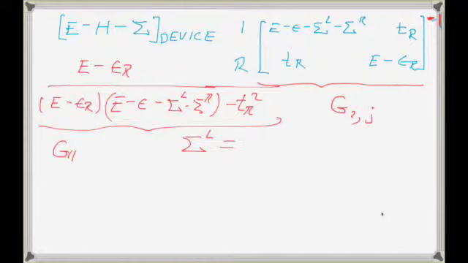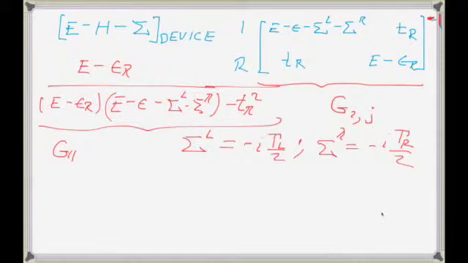And then in B, use the wideband approximation. Determine the zeros and poles. So in the wideband approximation, sigma L is just negative i gamma L over 2. Sigma R is negative i gamma R over 2.